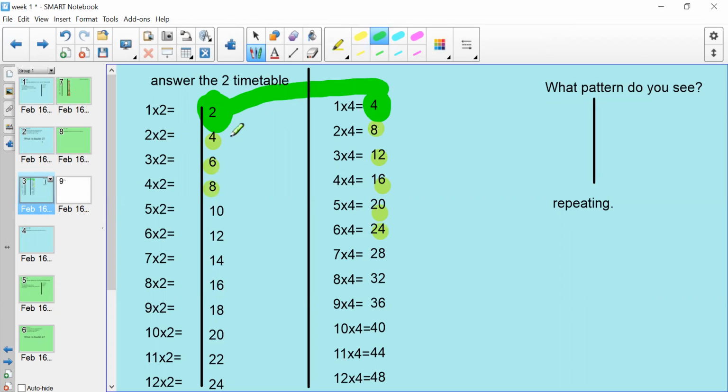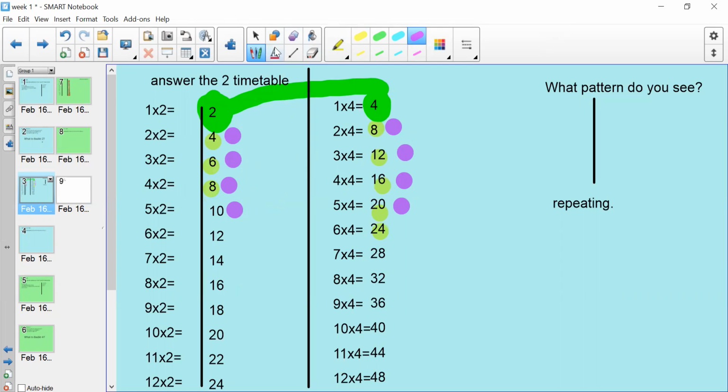Then if we look at this one, 2 times 2 is 4, and 2 times 4 is 8. And double 4 is 8. If we look at the next one, 3 times 2 is 6, and 3 times 4 is 12. And 6 doubled, so 6 plus 6 equals 12. So you'll notice as you go through all the answers, the answers to the 4 times table are double the answers to the 2 times table.